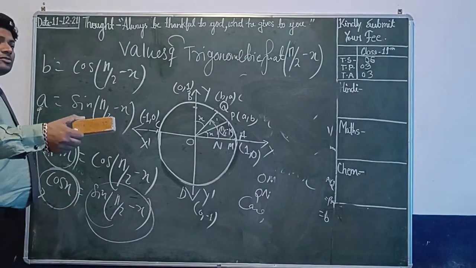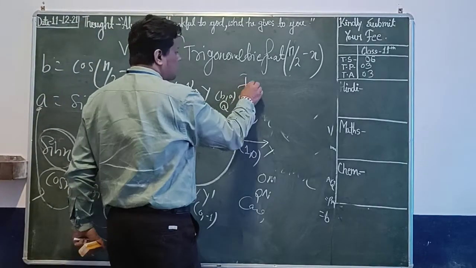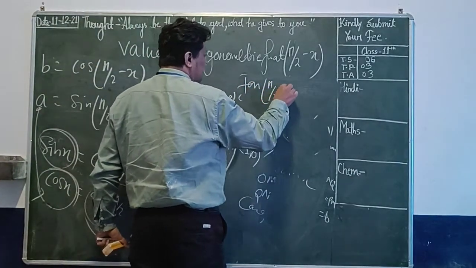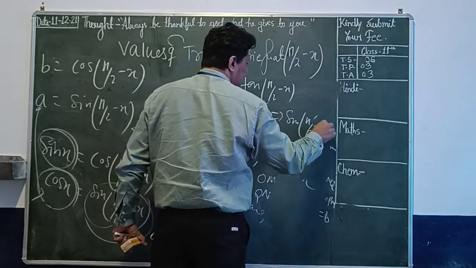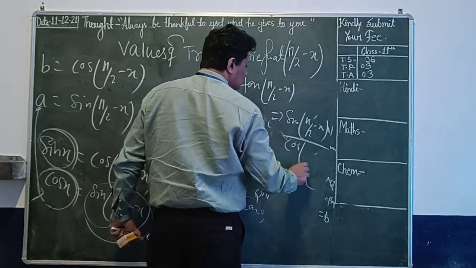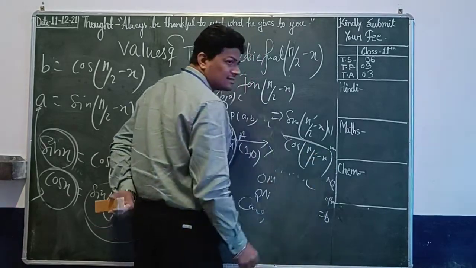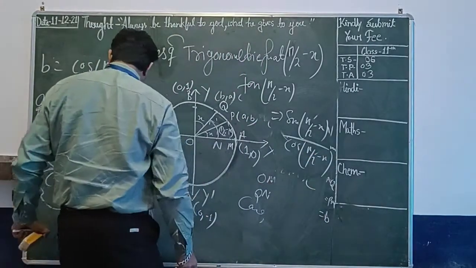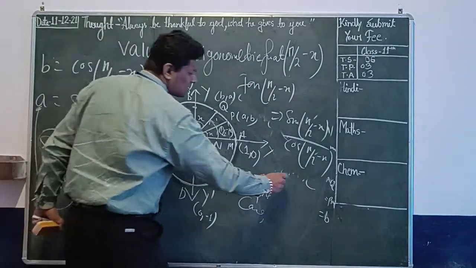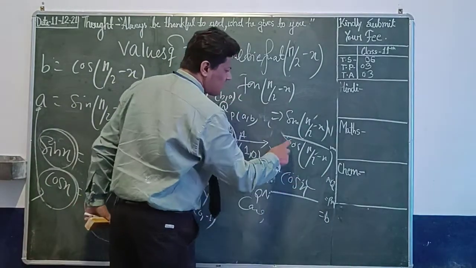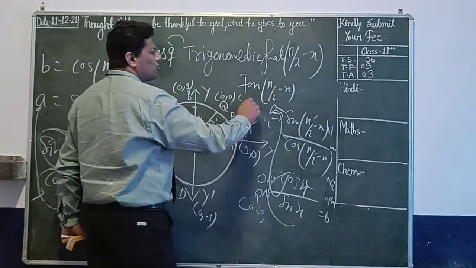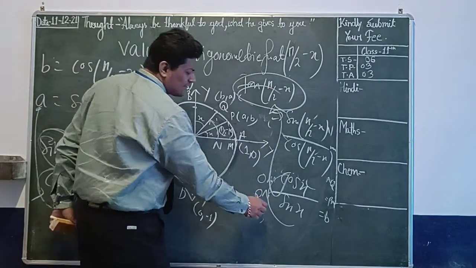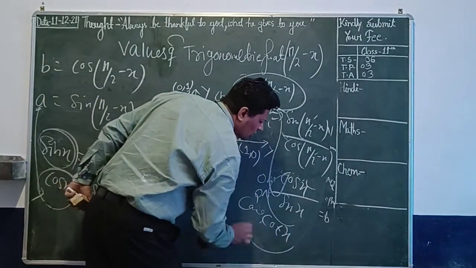So tan(pi by 2 minus x) is cos x divided by sin x. Is it clear? Sin(pi by 2 minus x) you will get cos x, and tan will change into cot x.